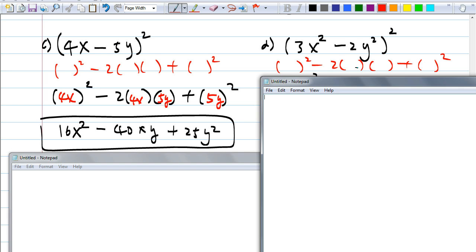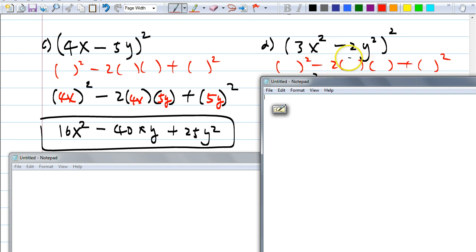So, who can tell me what goes into the first parentheses? Matthew? No, before you multiply them out. What goes into the parentheses? Show me the work. What will go into the first parentheses? Yeah, 3x squared. What about the second one? No, it's the same thing. Remember, it's a squared minus 2ab.